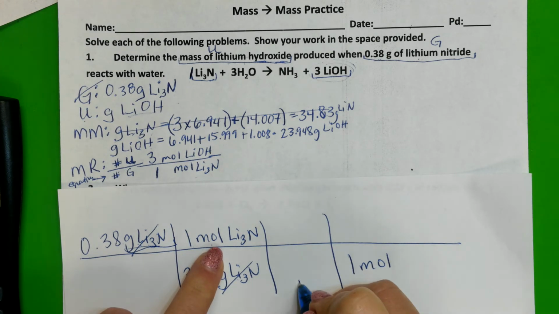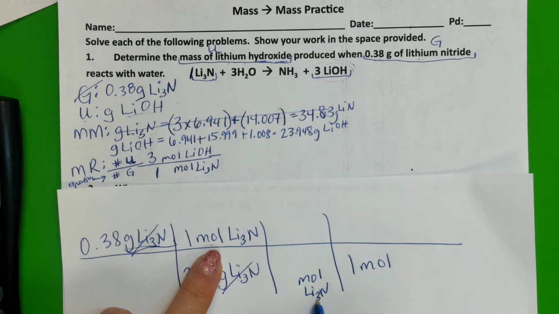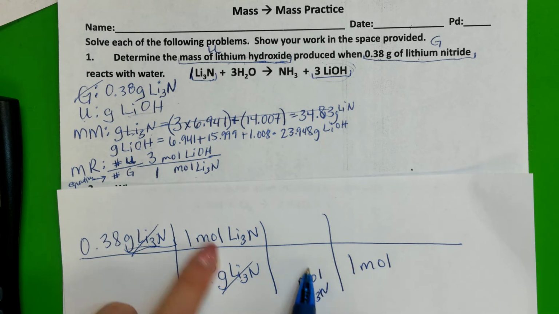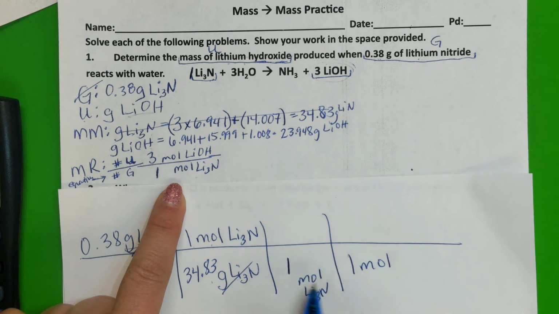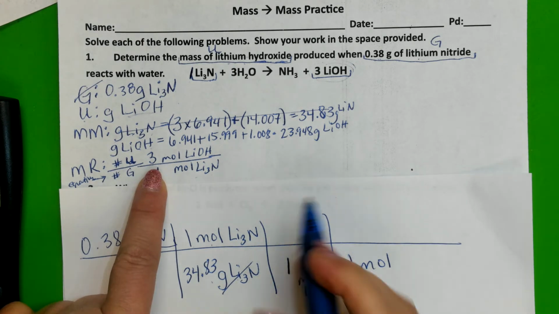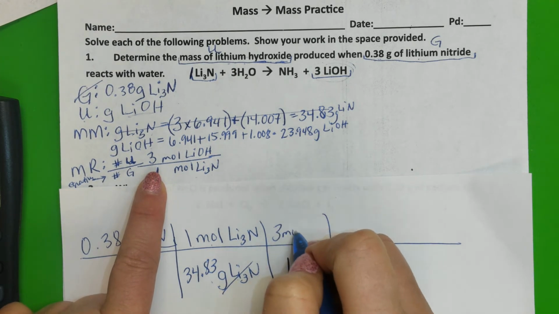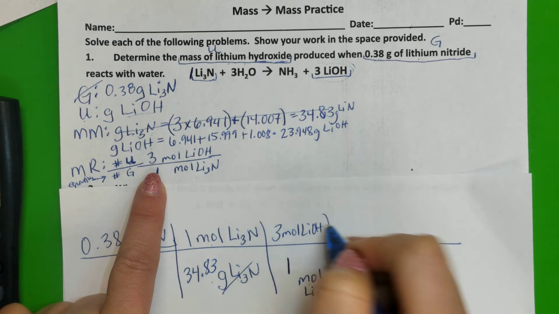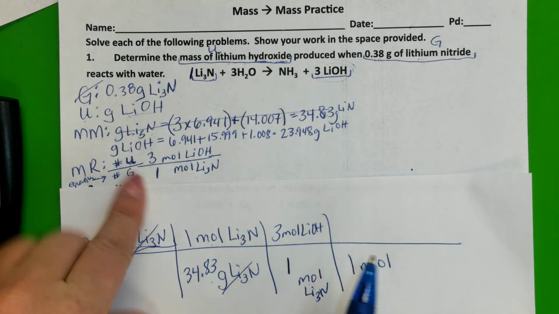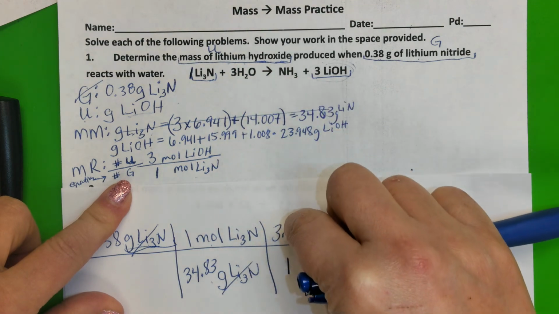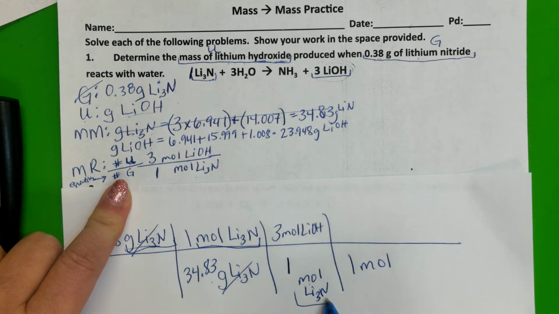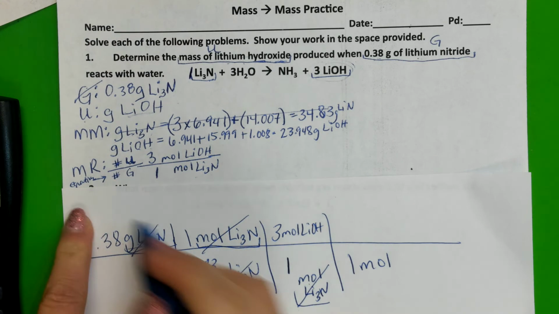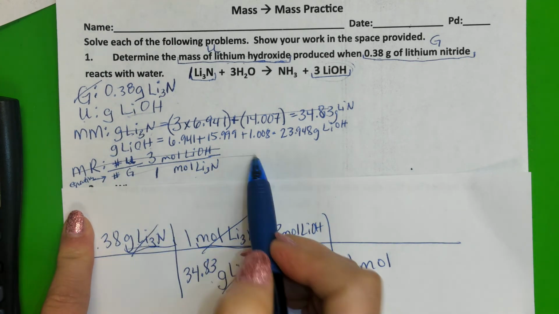So this one has to be mole of lithium nitride, and the only one that says mole of lithium nitride on the bottom will be the mole ratio. So that will be 1 mole, and then 3 moles of lithium hydroxide. All you have to do is put this in here. So that cancels, and we're already done with the mole ratio completely.